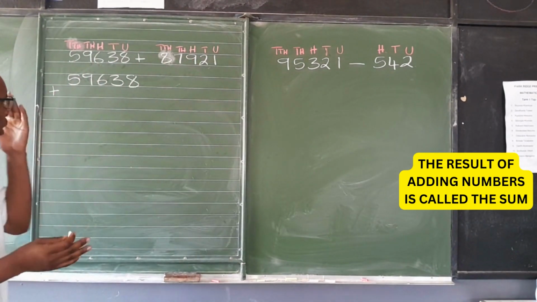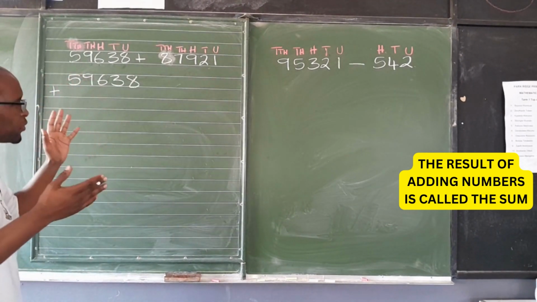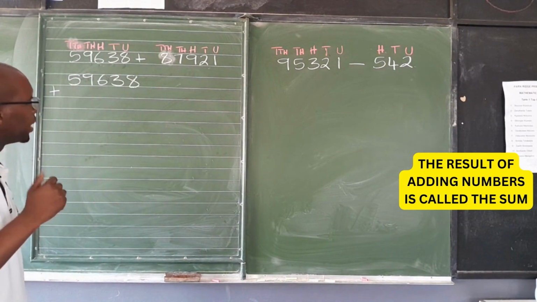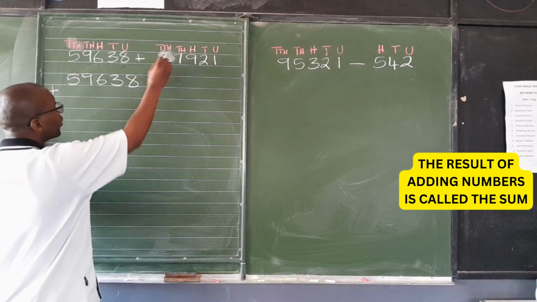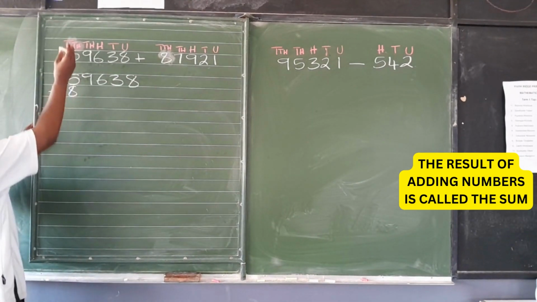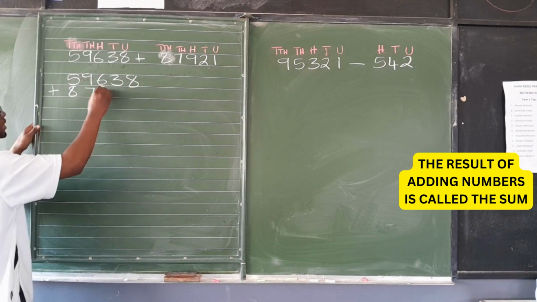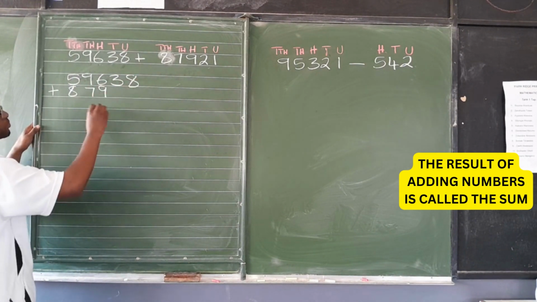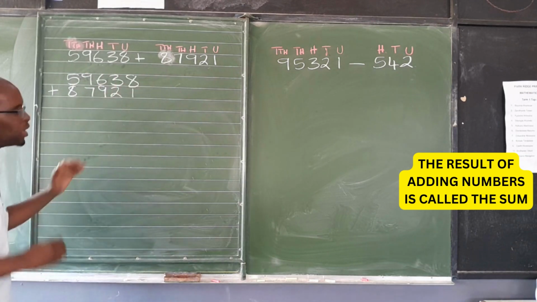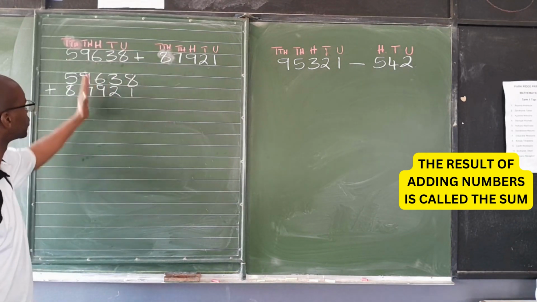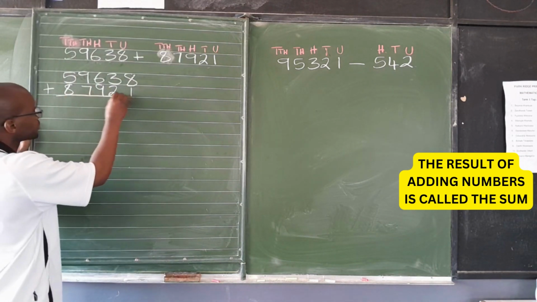So we don't need to worry too much when we write our numbers because we have the same number of digits. But we do also have to write the numbers underneath the correct place value. So we are going to write the 8 underneath 10,000, the 7 underneath thousands, the 9 underneath hundreds, the 2 underneath our tens, and the 1 underneath our units. You need to make sure that you write every number underneath the correct place value.